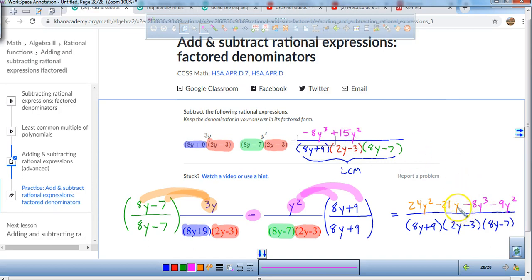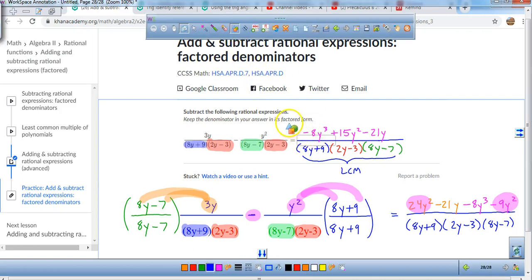And then we have minus 21y right there at the end. Okay? So all you have to do is look for like terms and make sure that you combine those like terms. So this 24y squared minus this 9y squared gives you a total of 15y squared.